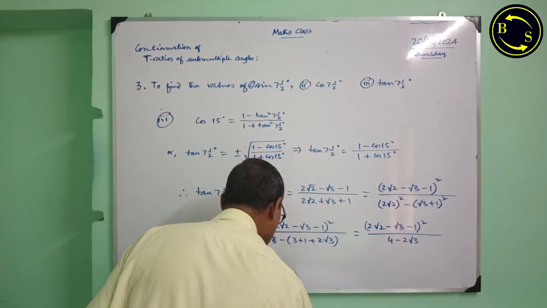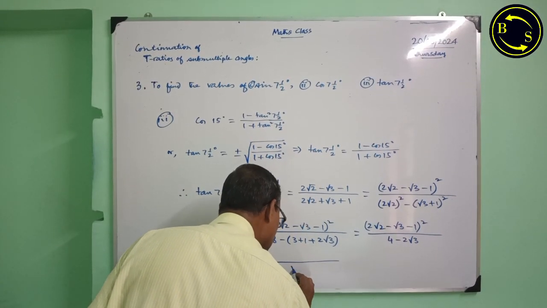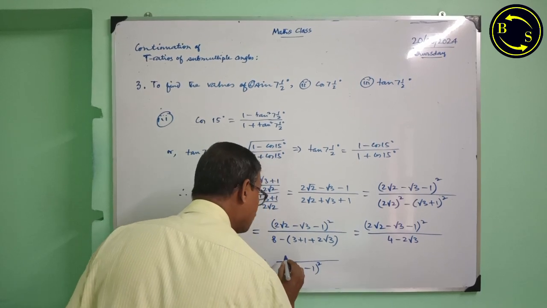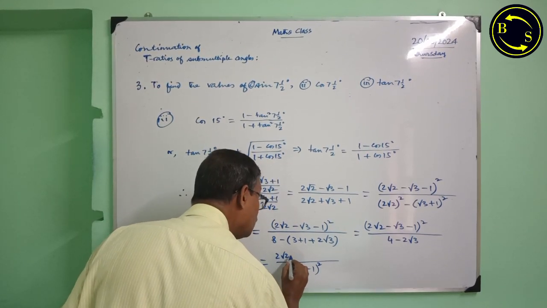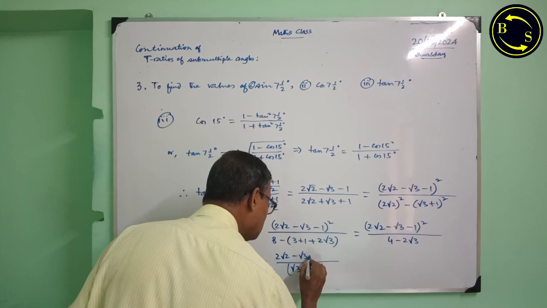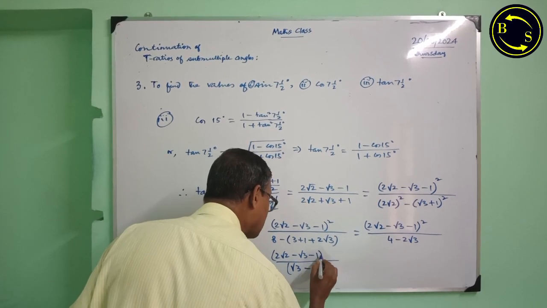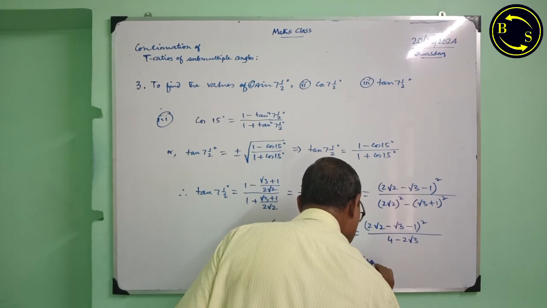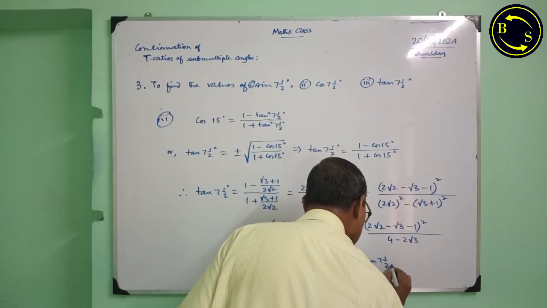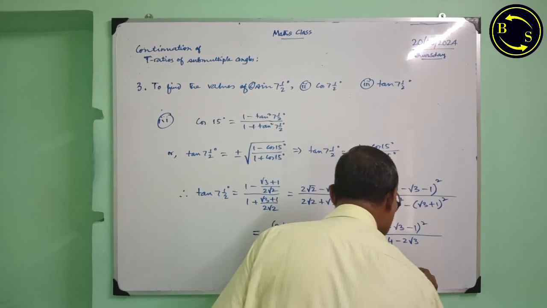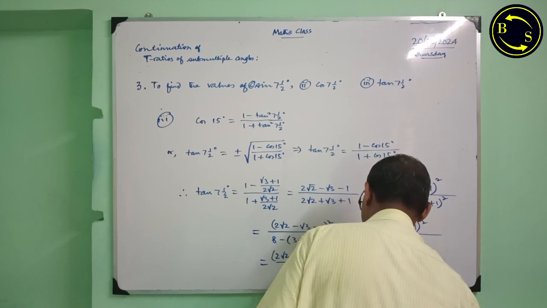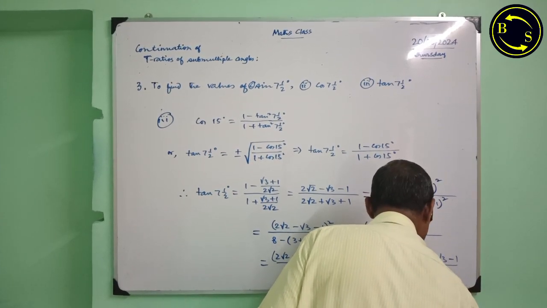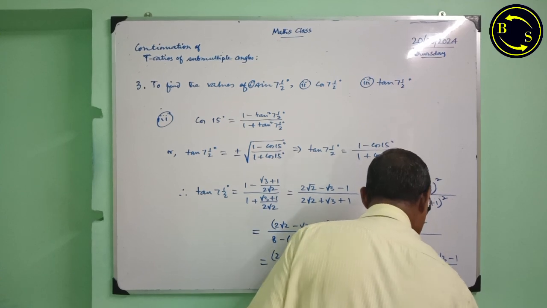Now the denominator is root 3 minus 1 whole square, from which we get tan 7.5 degree is equal to 2 root 2 minus root 3 minus 1 by root 3 minus 1.